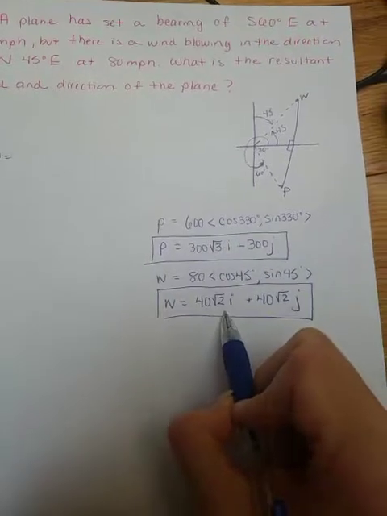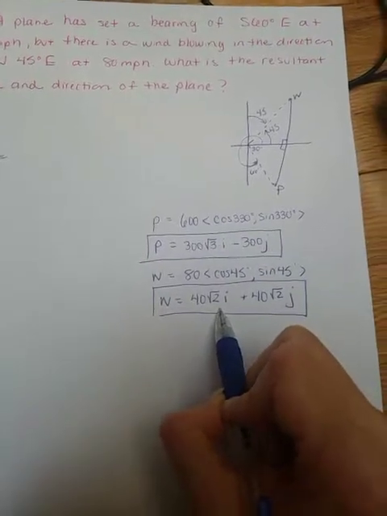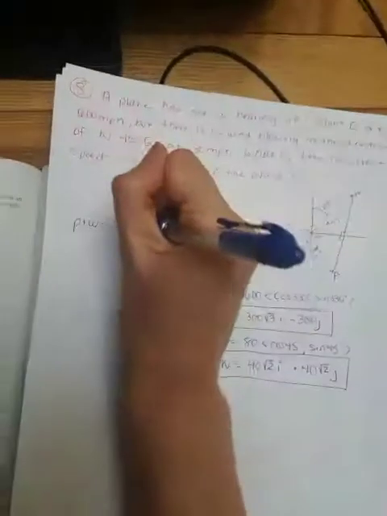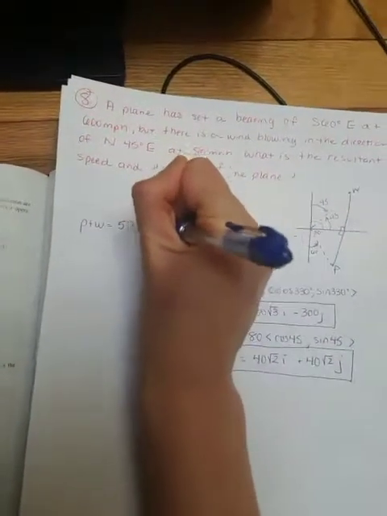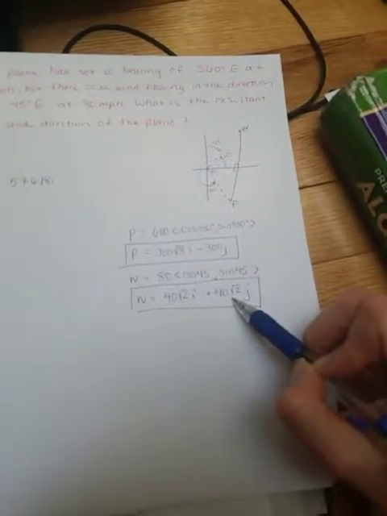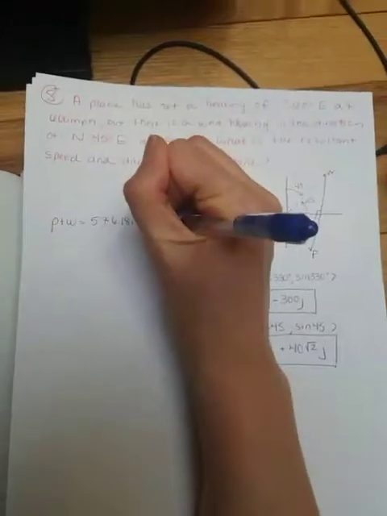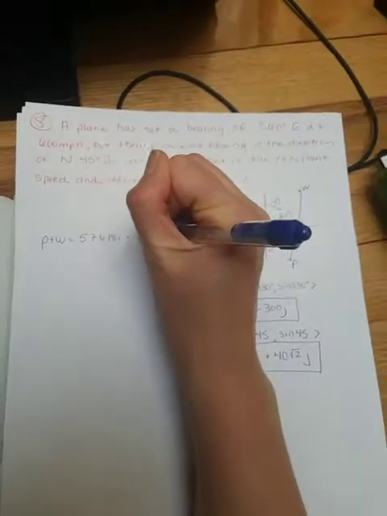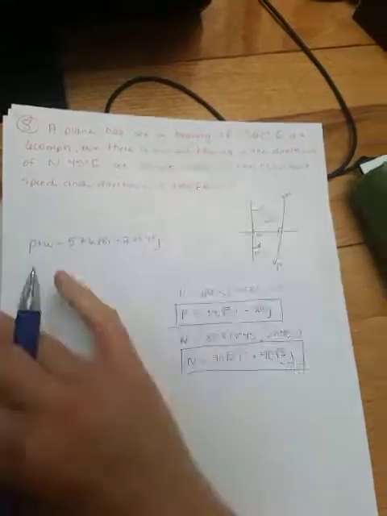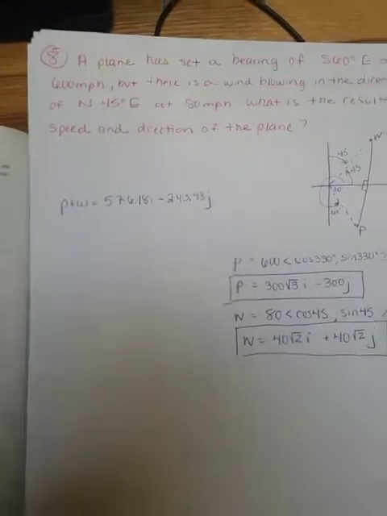When you do that, we should get approximately 576.18 i. And now for your j piece, we have a negative 300 plus 40 root 2, and those are both your j's. Using your calculator, you should get negative 243.43 j. So that is the resultant vector.